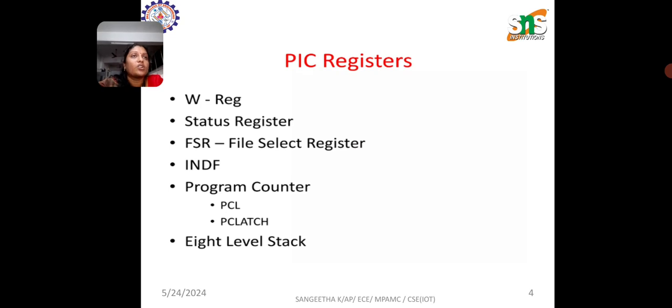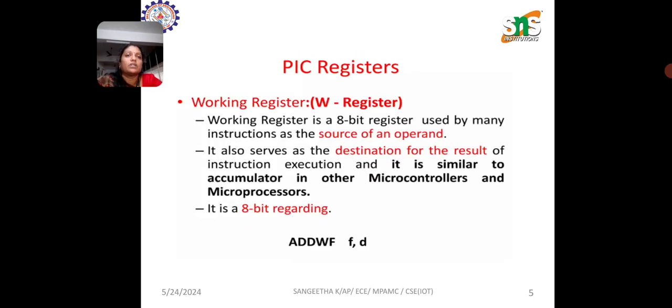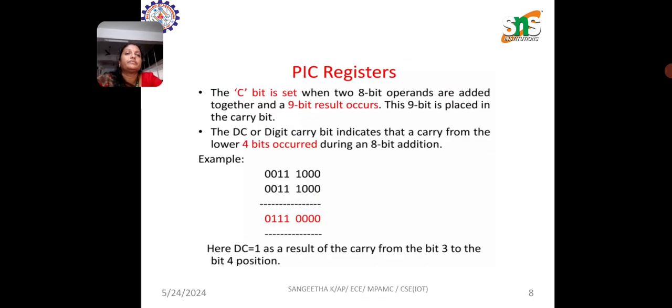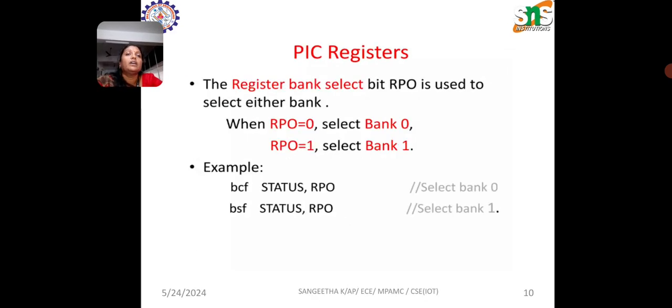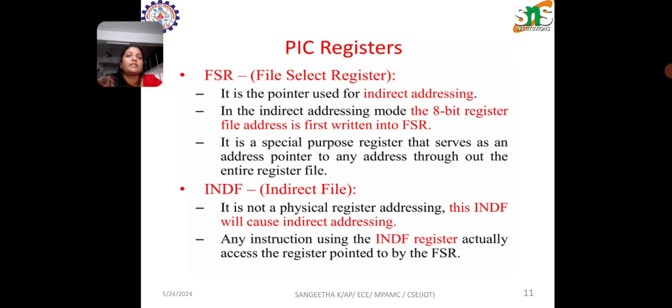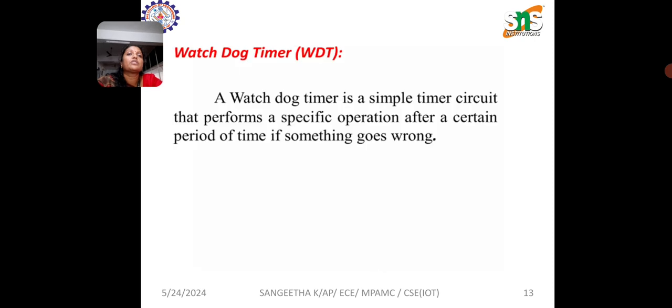The stack is not directly accessible, that is, we cannot read from or write to it directly, only through CALL, RETURN, RETFIE, etc. So using these commands only we can access the stack. So these are the PIC registers, and these are the main uses of the PIC.